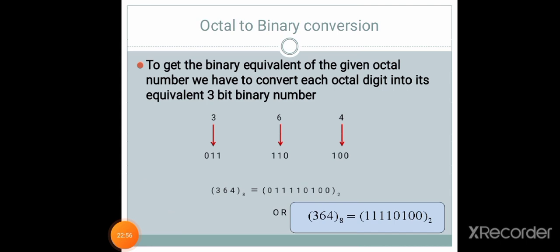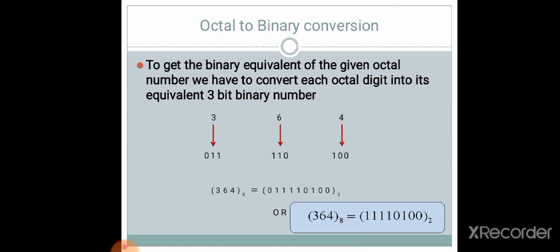Then octal to binary conversion. We'll see how to do the octal to binary conversion. So on your screen you can see the octal number 364 is given. Again you have to write the binary equivalent for the given octal number. Now you have to write the given octal number in 3-bit binary.